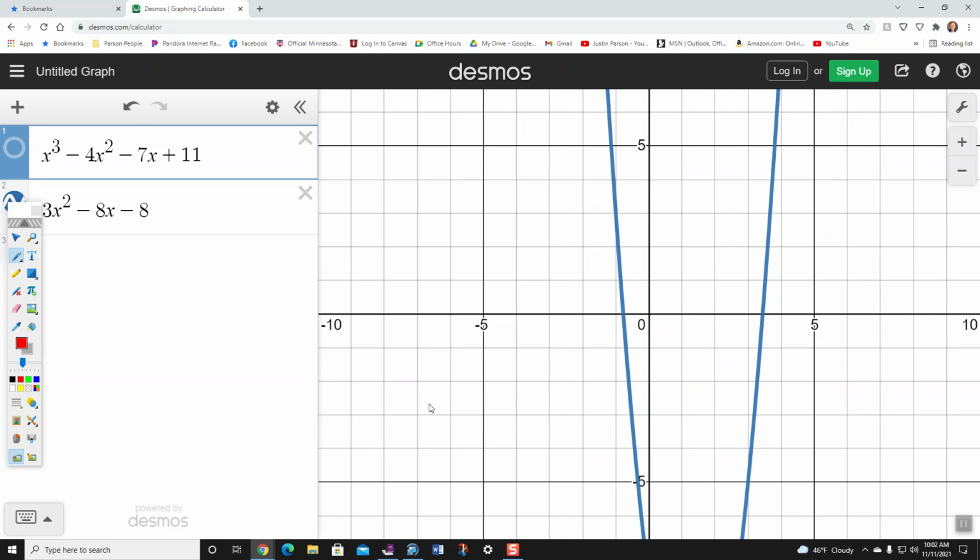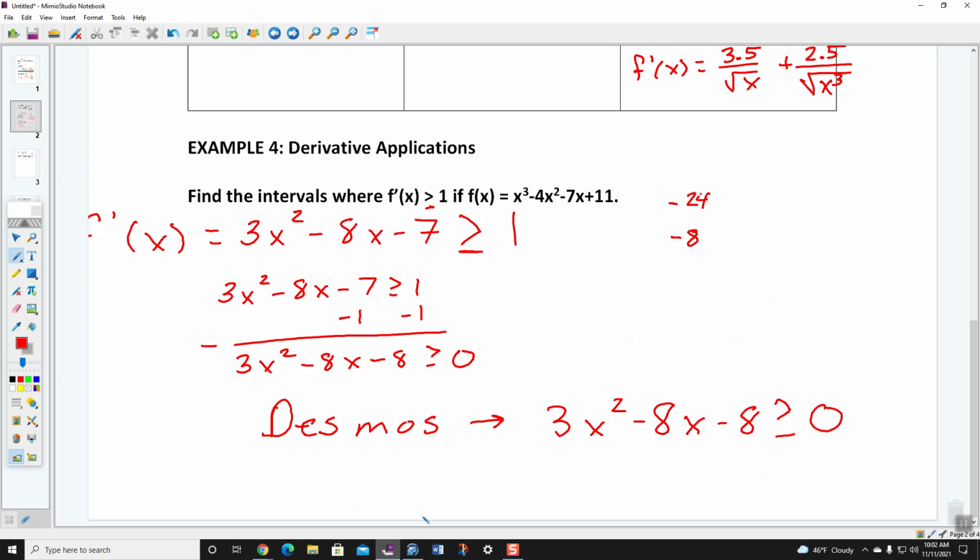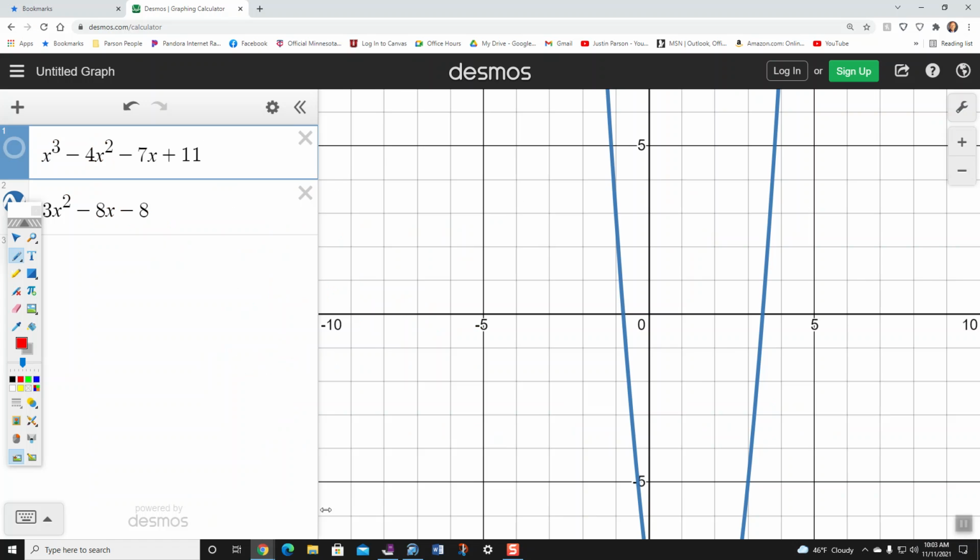There we go. Okay, the question becomes, where is your derivative greater than or equal to, what do we have it set up compared to? 0. 0 right now, right? But that would be the same as this mess, greater than or equal to what? 1. Okay, so what we do here, guys, is this. We come into decimals and we say, well, this is my derivative function right here.